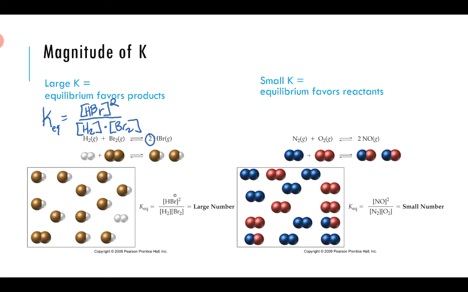So if we look at the box, then that can tell us how much of this HBr we have. We have mostly HBr and very little reactants. So we have mostly products over few reactants.